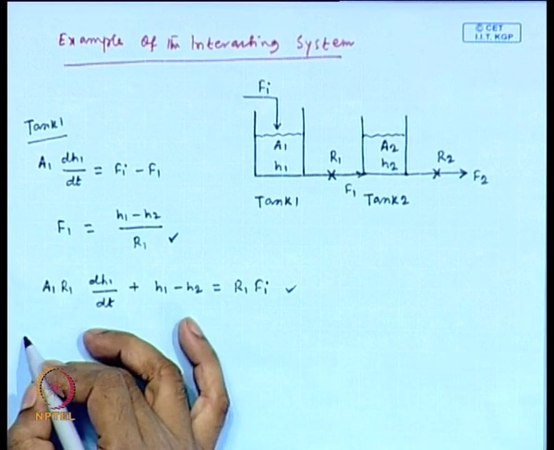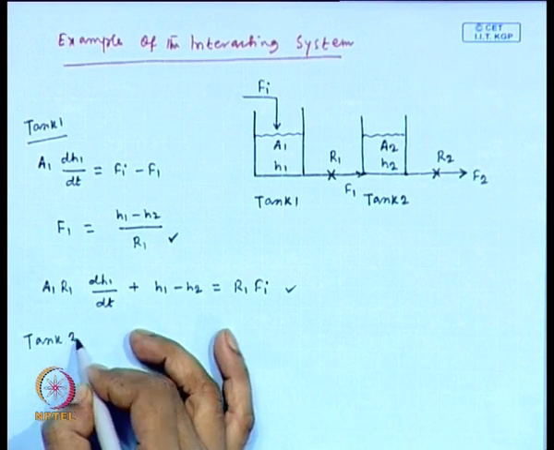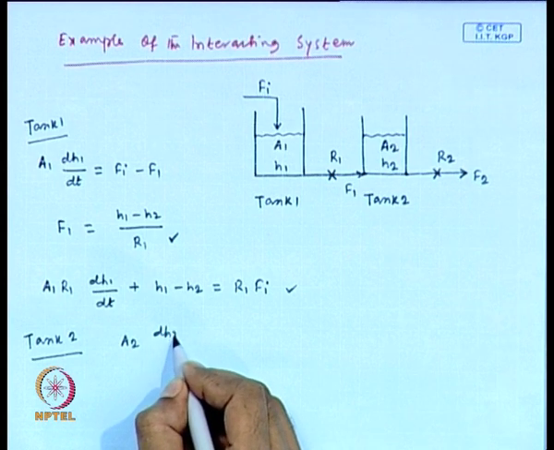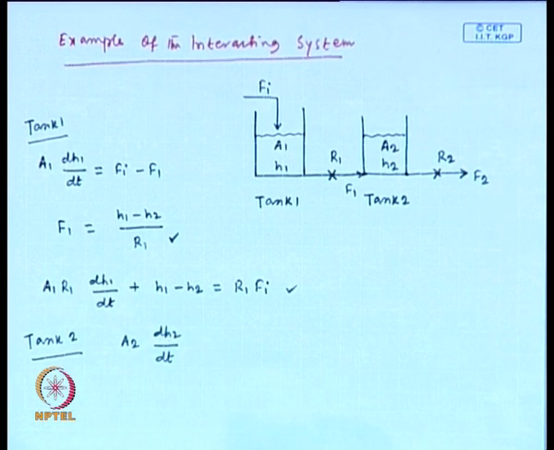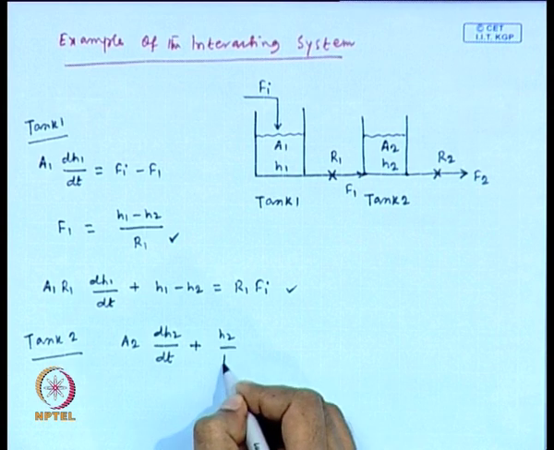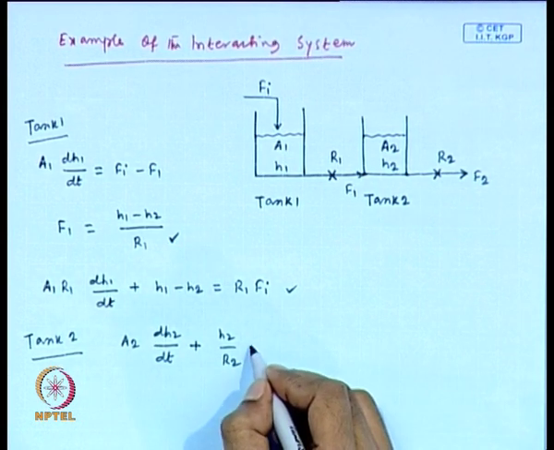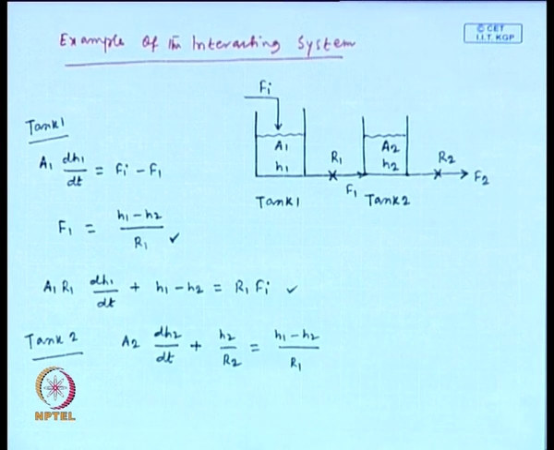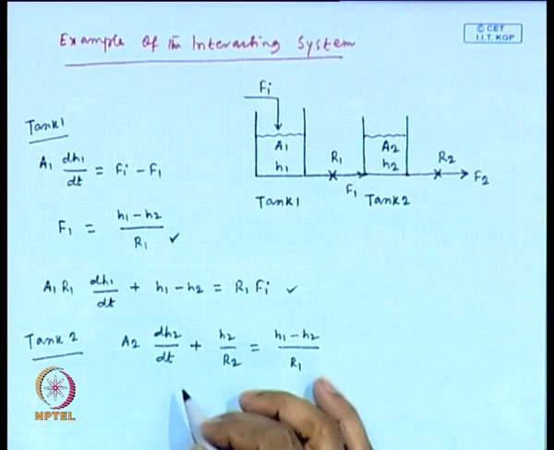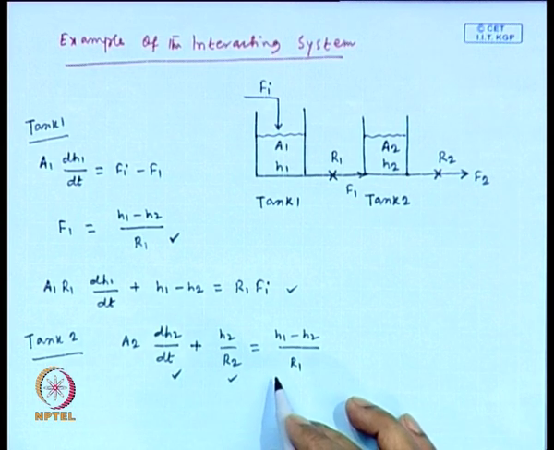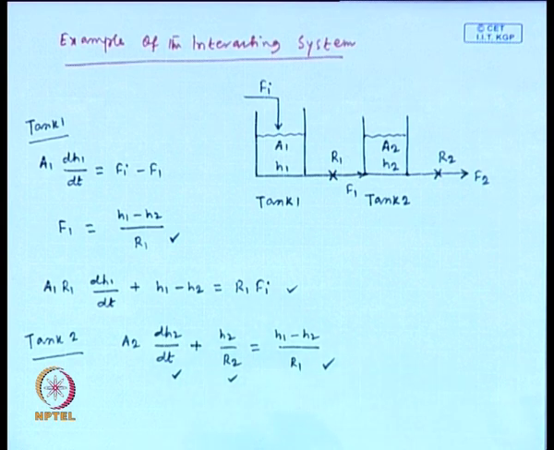Similarly, for tank 2, the modeling equation we can write in this form: A2 dH2/dt plus H2 divided by R2 equals (H1 minus H2) divided by R1. Can we write this for tank 2? A2 dH2/dt plus F2 equal to F1.